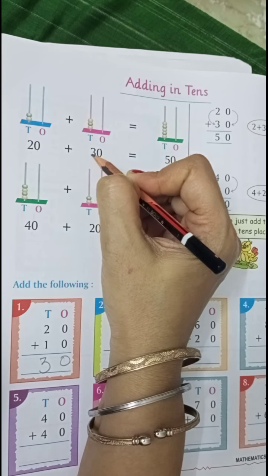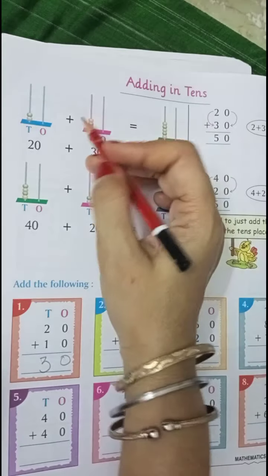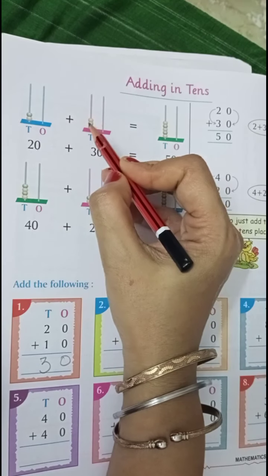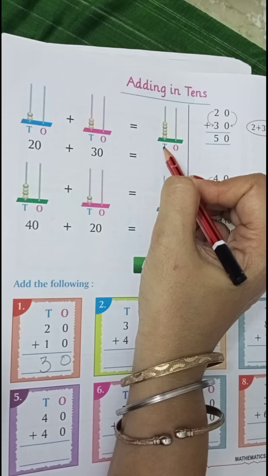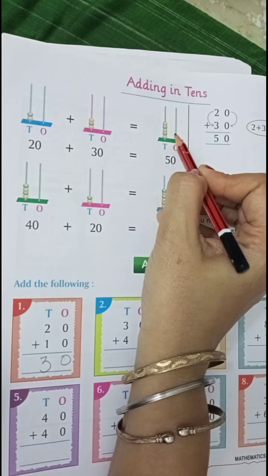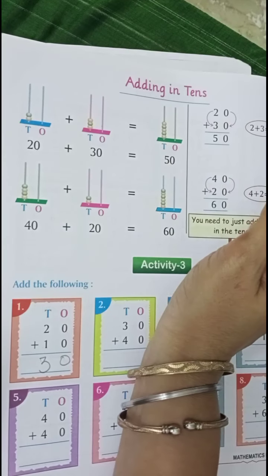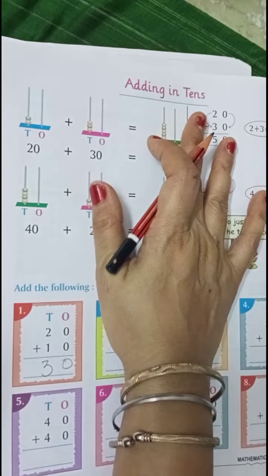For tens place, the number 3 is here, so 3 beads are there. So total 1 2 3 4 5. 5 beads are in tens place and no number is in ones place. So 5 tens plus 0 is 50. This way. Okay. This is just an explanation.